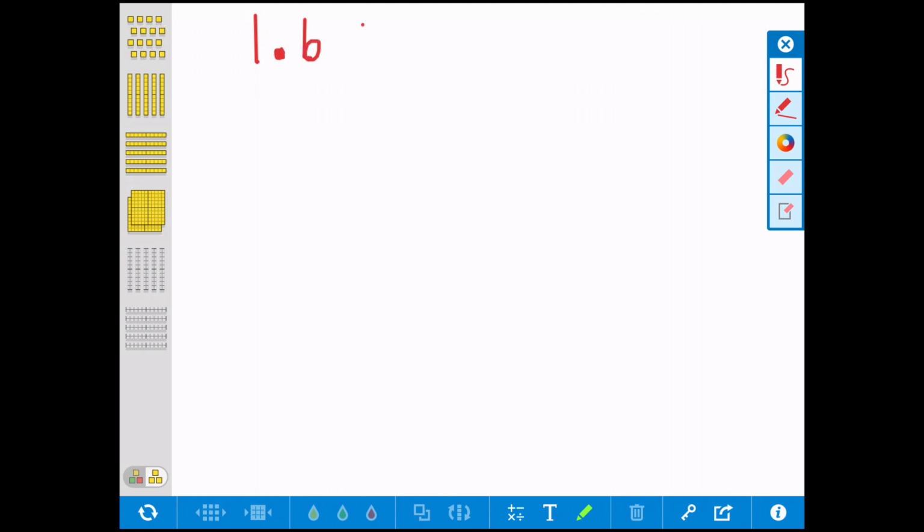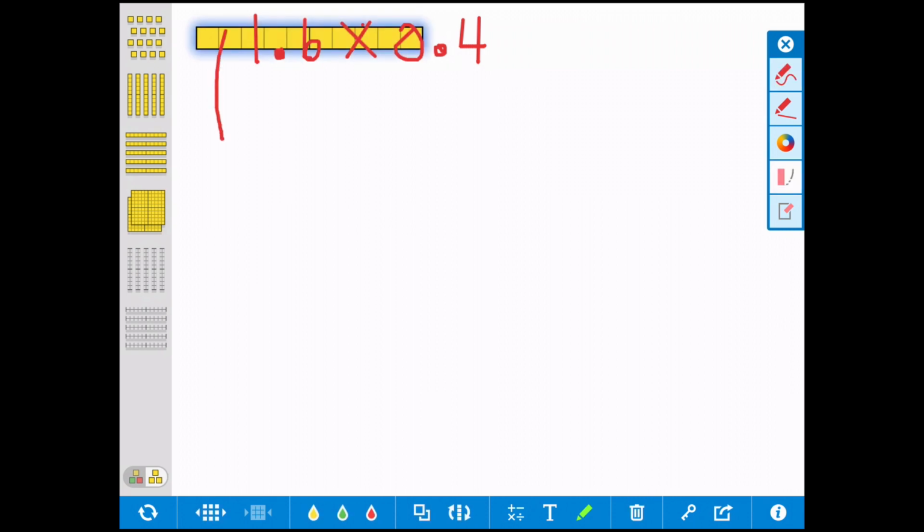So now we need to create a rectangle that is 1.6 across and 0.4 tall, or vice versa. Oops, and I keep forgetting to make that go away.